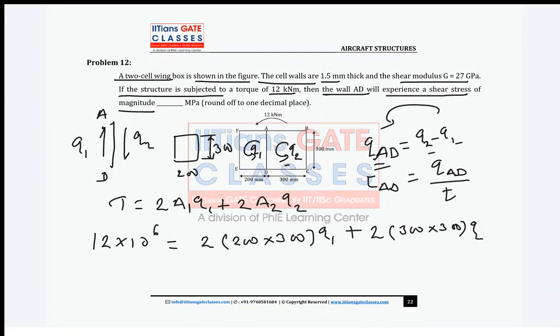So it will be 100 equals q1 plus 1.5 times q2, right?